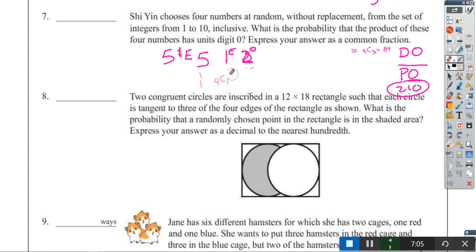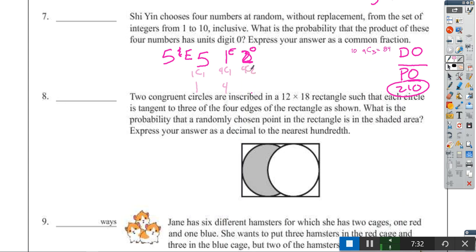I'll rewrite that really quick. So this is 1, choose 1, which is just 1. I have 4, choose 1, which is just 4. And then I have 4, choose 2.